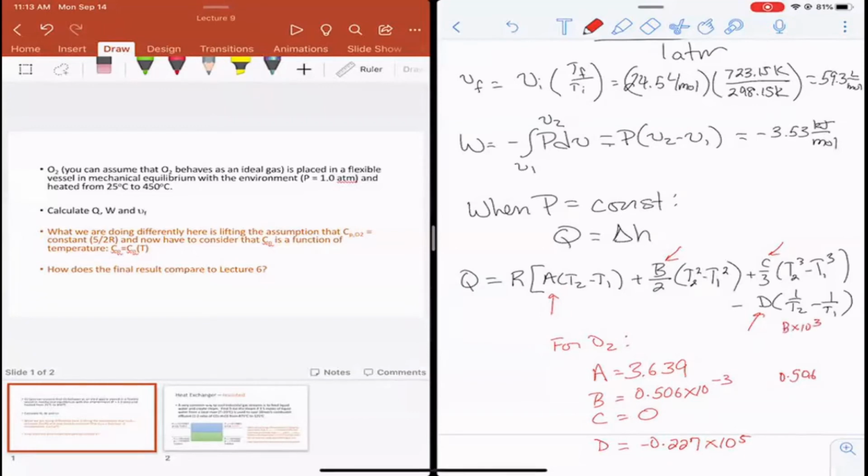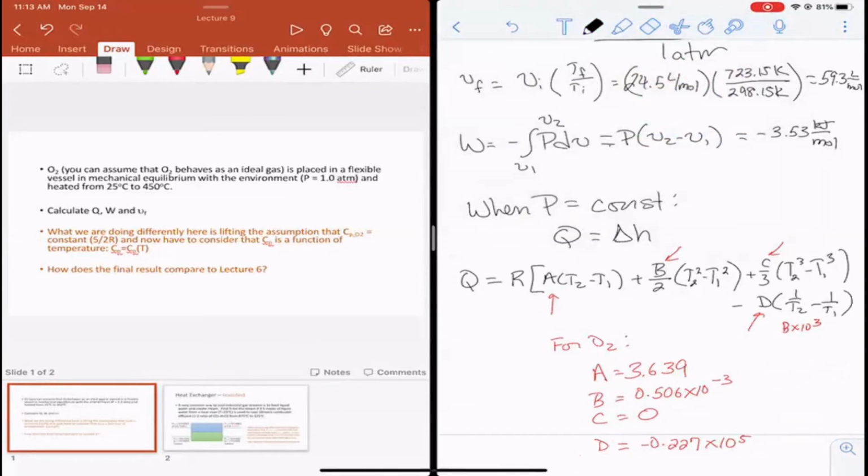I just don't want you to confuse that to mean that B is 0.506 times 10 to the 3rd. It means that the value they report has been multiplied by 1,000. That's why it's times 10 to the minus 3. They do the same thing with D, and they might do it with C as well. I just don't remember. So just make sure that you're comfortable with that.